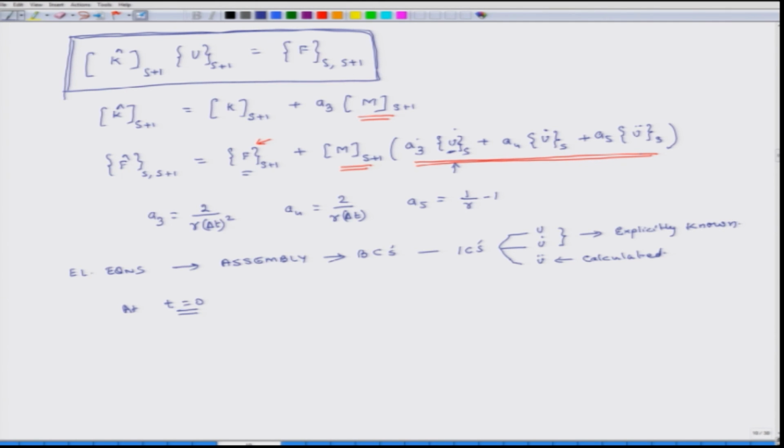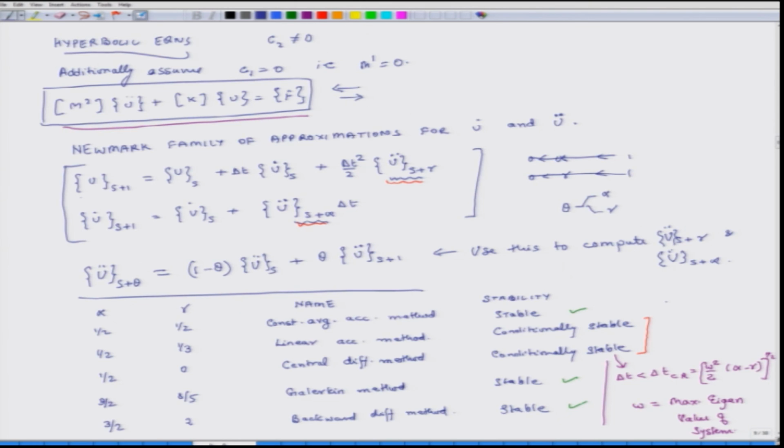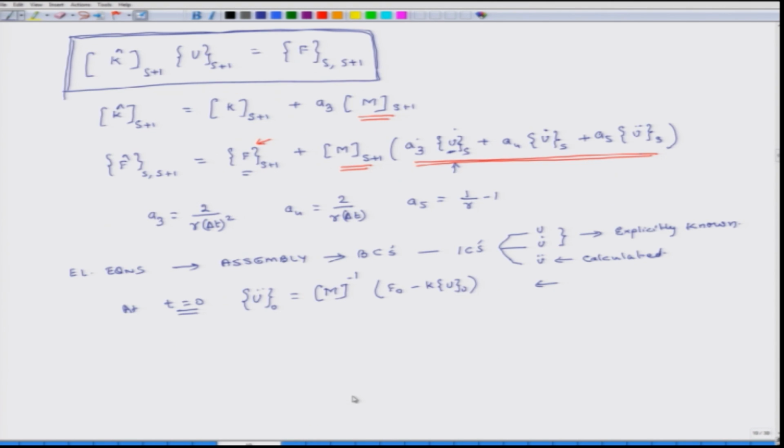At time t equal to 0, the first thing we will do is calculate u double dot at time step 0, such that u double dot equals M inverse times (F naught minus K u naught), through this relation, because our original equation is M u double dot plus K u is equal to F. So I use the same equation to calculate acceleration at time t equal to 0.